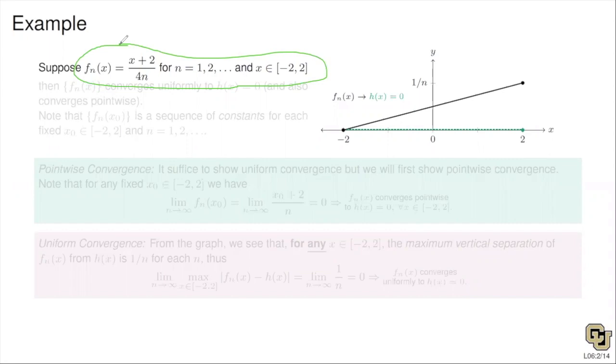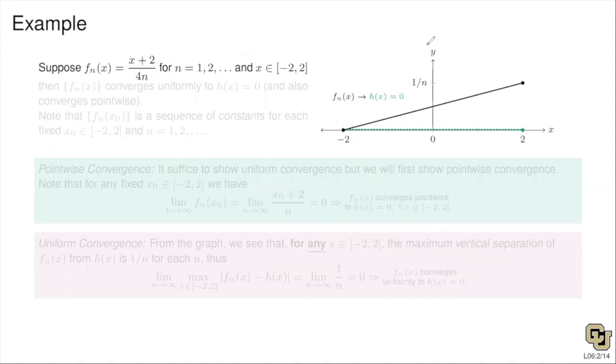And then if you fix x, here I've graphed a generic function, and here you can see what happens when x equals 2. Regardless of the function, when x equals 2, the y value has to be 1 over n. If I plug in x equals 2, you get 2 plus 2 is 4, 4 over 4, so regardless what the function is, when x equals 2, the y value is always 1 over n, where n can be 1, 2, 3.